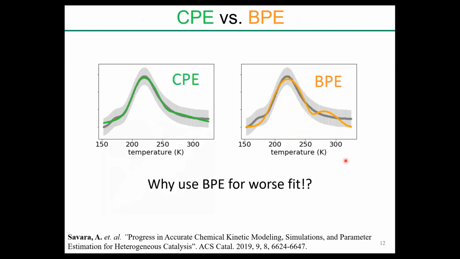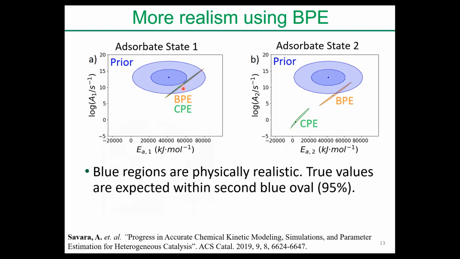When we compare the two of them, you might ask the question, why do we use BPE if we get a worse fit? And what I'm going to show you here is indeed the main point I'm trying to make in this talk, that the BPE result and the CPE result for state one both have physically realistic results relative to our prior expectations of where physically realistic results may lie.